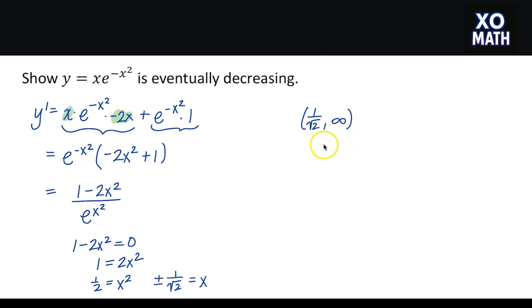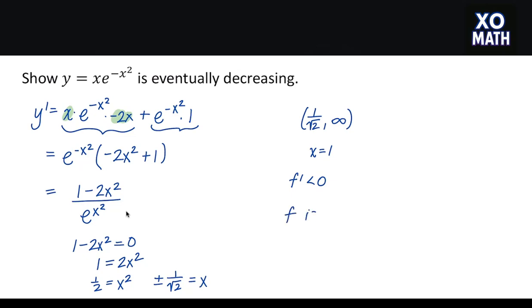So I'm going to pick a test value in this interval. So 1 would work. So if I pick x equals 1 as my test value, and I substitute that into my derivative function, I'm going to get 1 minus 2, because I just have 1 squared, and that's a negative. And again, the bottom's always positive. So f prime is less than 0 or negative on that interval.